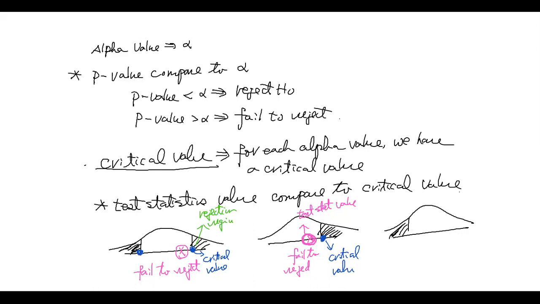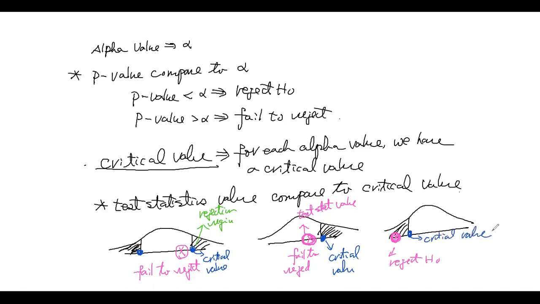The same way, let's do one up here. If your test statistic sits over here, then what do we do? We reject H0, reject the null, because it's in the rejection region. And this value is again a critical value.